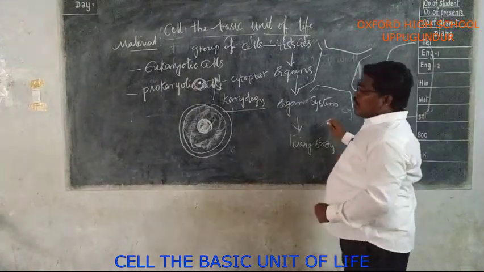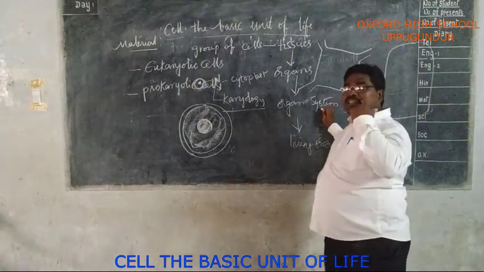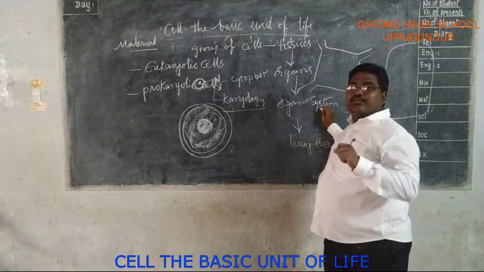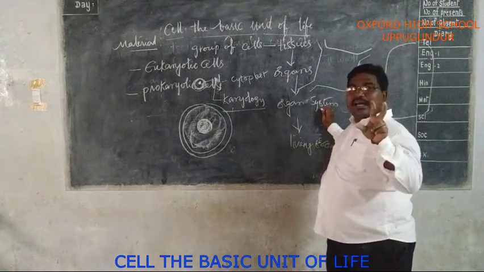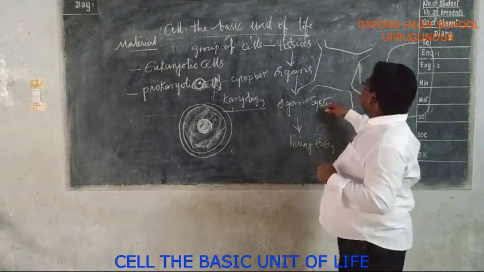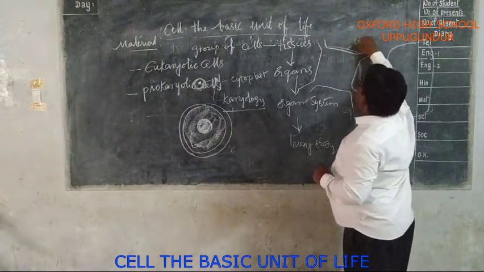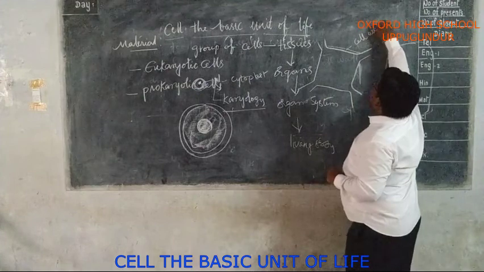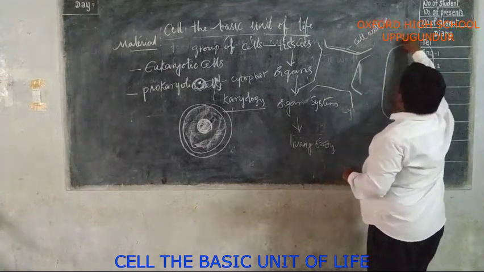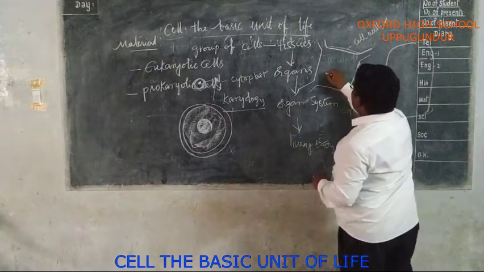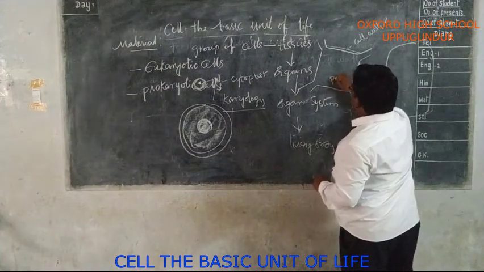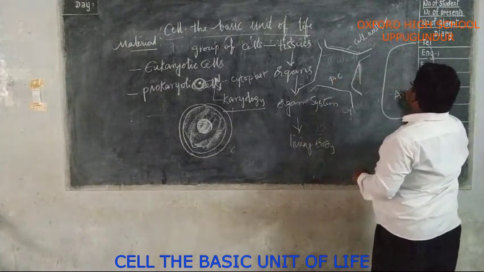If you observe carefully, onion peel cells and human cheek cells, there is a difference in the structures of some of the organelles. What are they? In the plant cells, the cell wall is present. Here, this one is the animal cell.